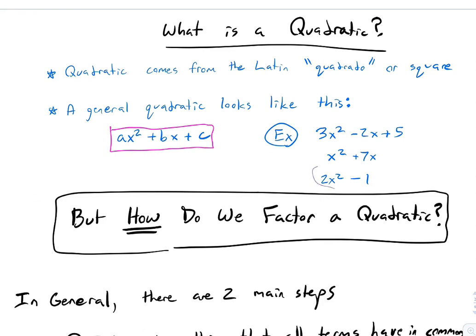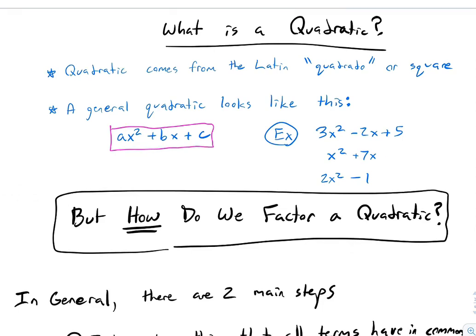And we could say, well, we still got the x squared, and then we got some numbers. If you want to rewrite either of these, you could say, well, this is x squared plus 7x plus 0. This one would be 2x squared plus no x's minus 1. So you could always rewrite them in that standard form where we have a first, a second, and a third term. And we go in order from the squared to the x to the just numbers, no x's.